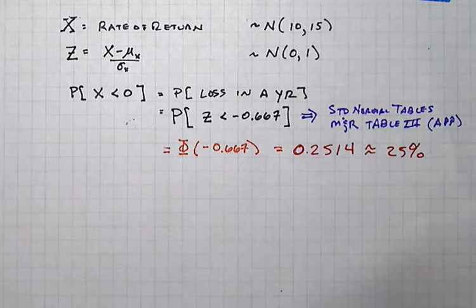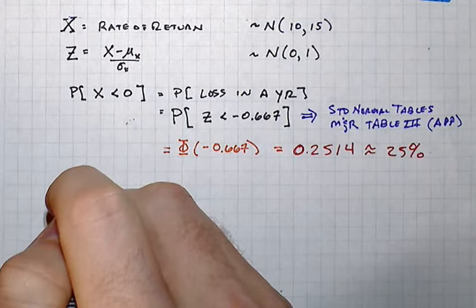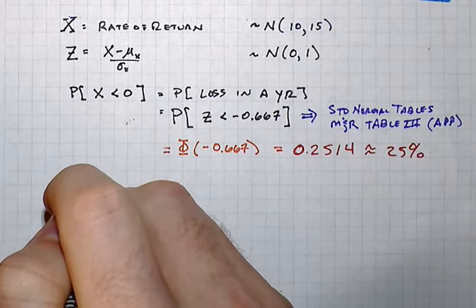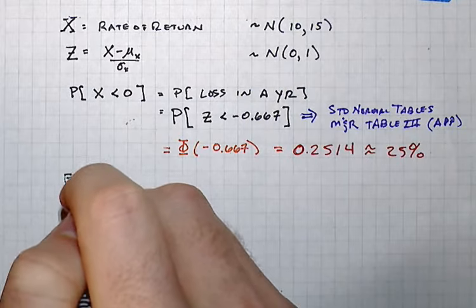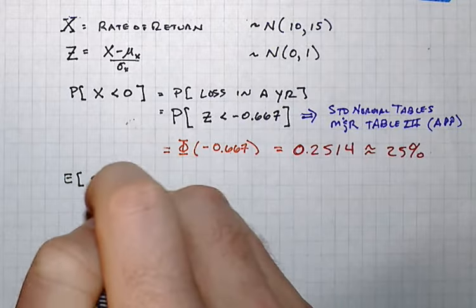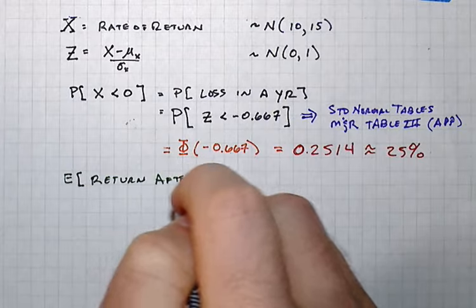But here's another interesting question. What if we weren't looking at a 1-year investment? What if we wanted to know about a 30-year investment? Say, what's the expected value of a return after 30 years?